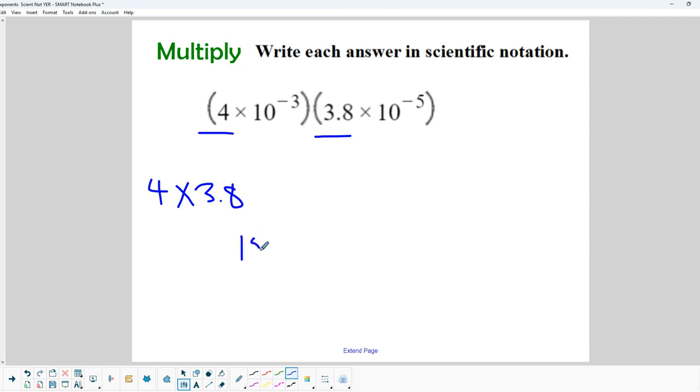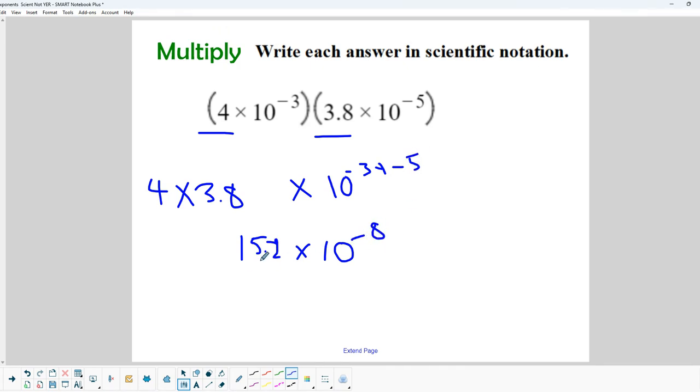So 15.2. Then you multiply that by 10, and you add the exponents, -3 plus -5. That would make that a -8.